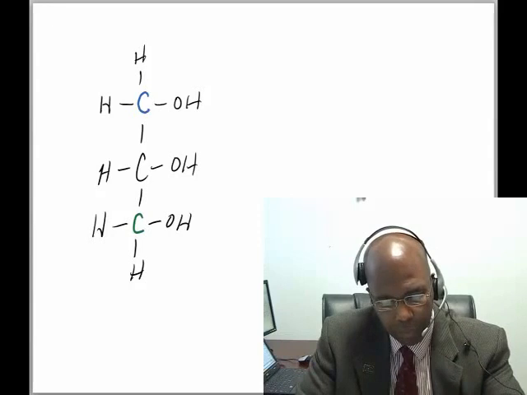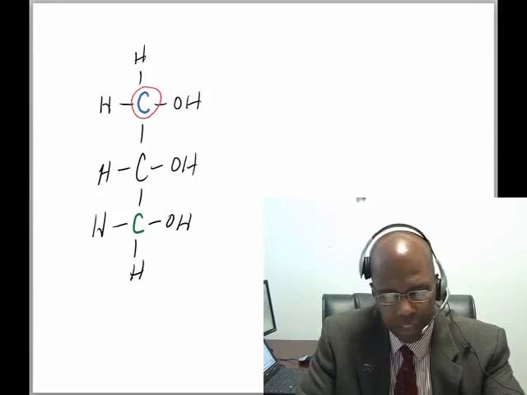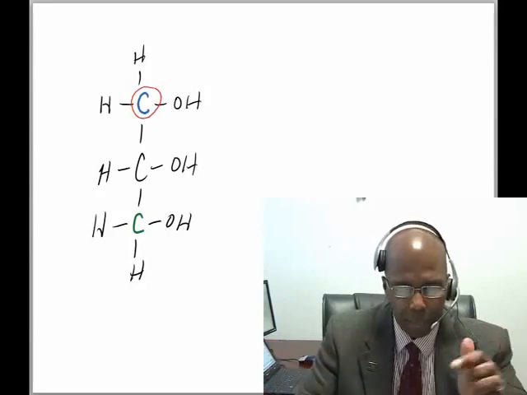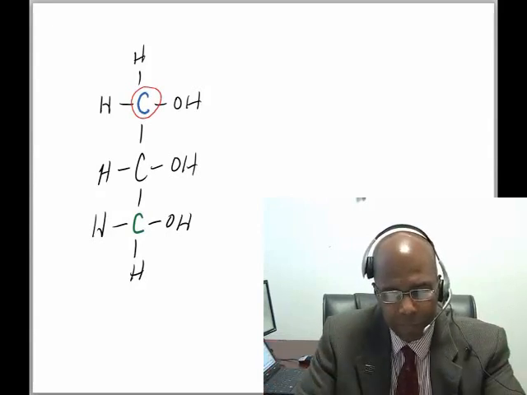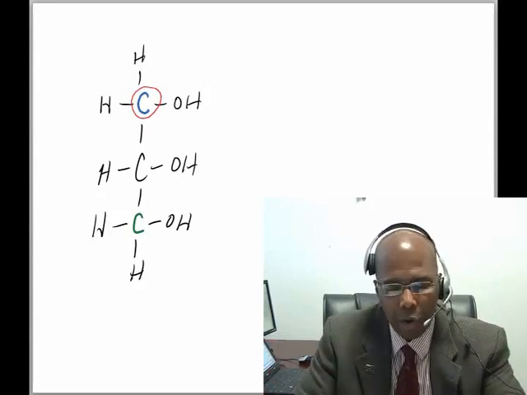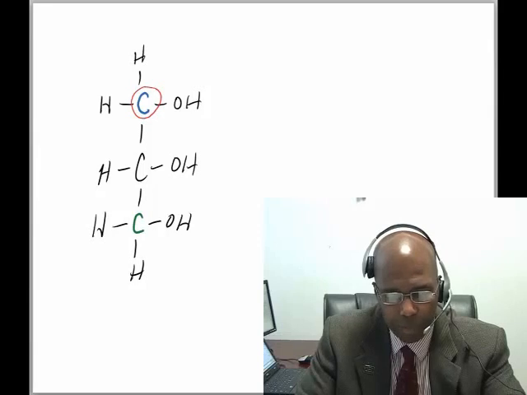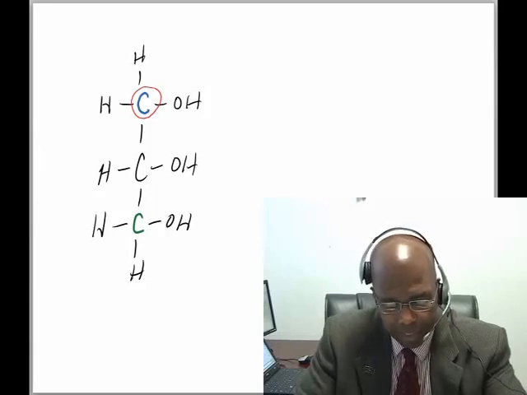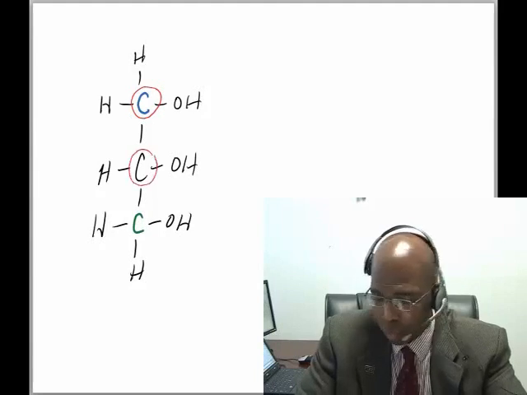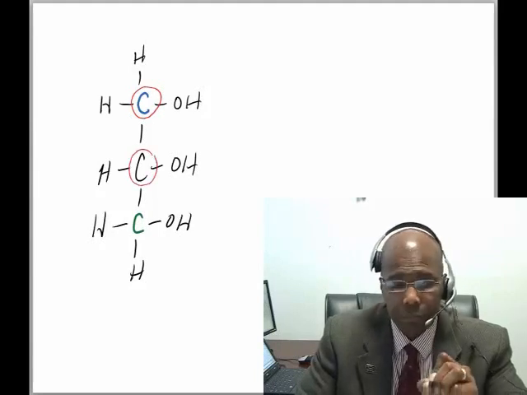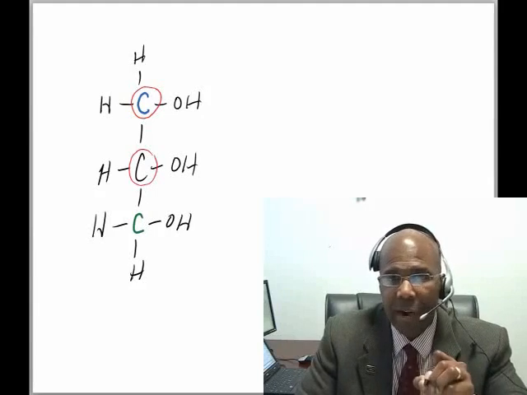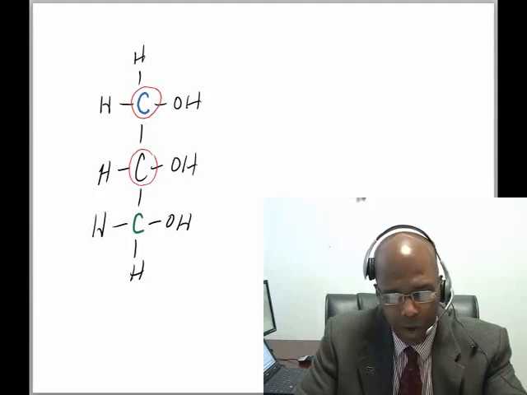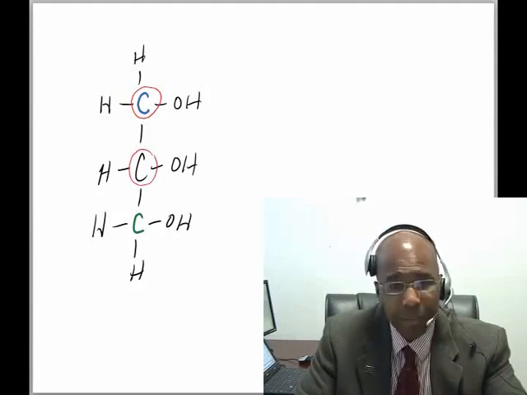So I'm just going to circle it. We substituted something, and it left the blue carbon with a higher priority than the green carbon. Before we change anything, it's achiral. But if we give this one a higher priority, this carbon is going to become chiral.